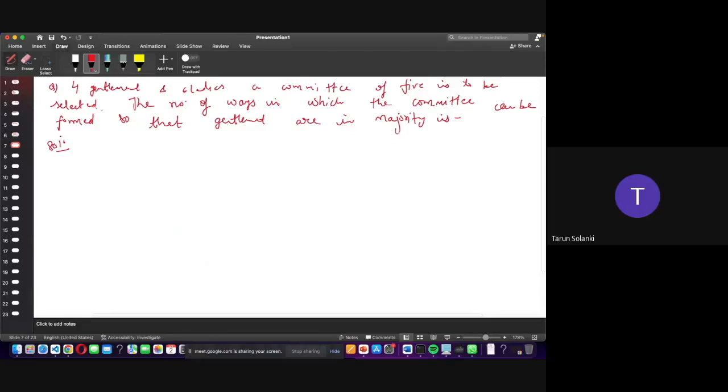That means 4C4 into 6C1 plus 4C3 into 6C2. Solving, we get 66.